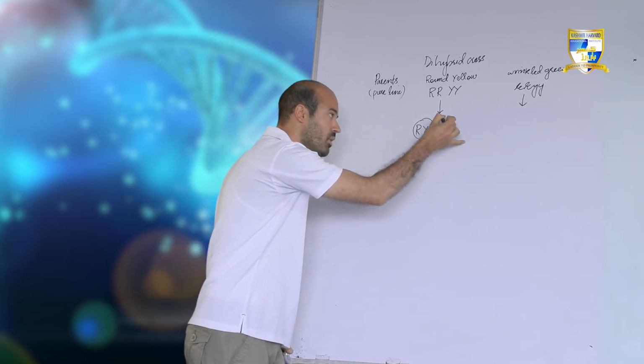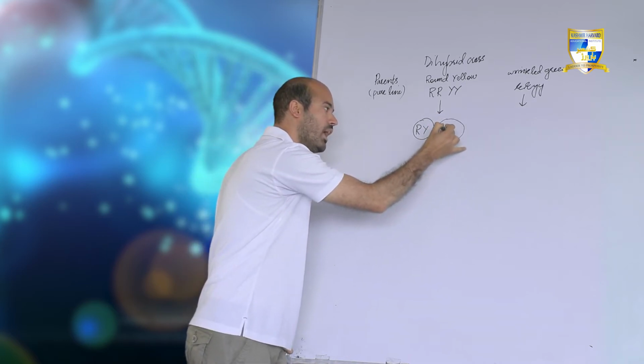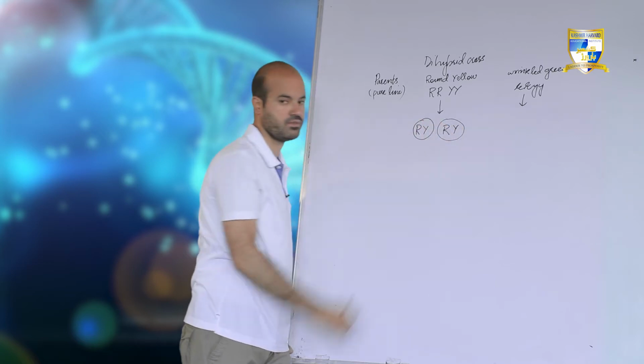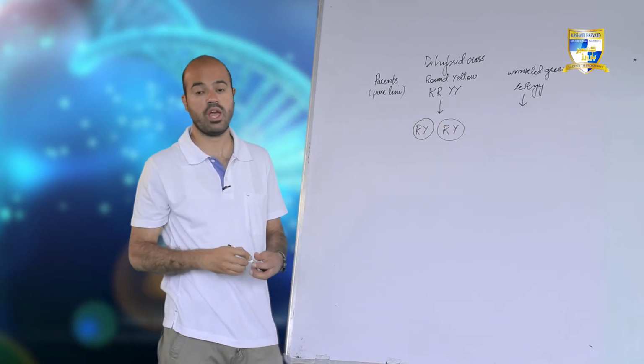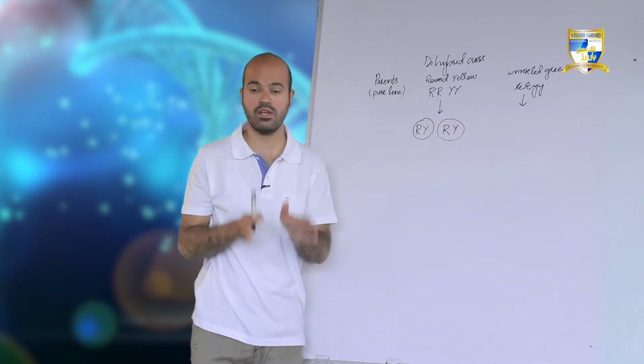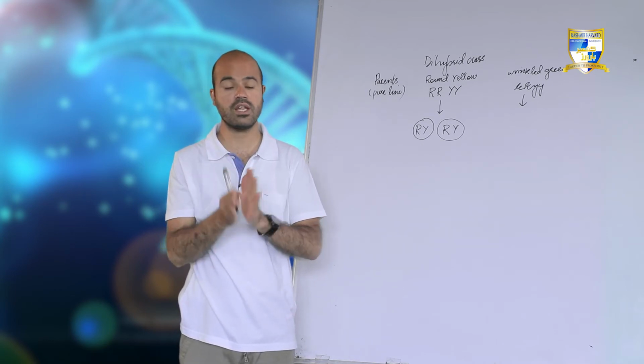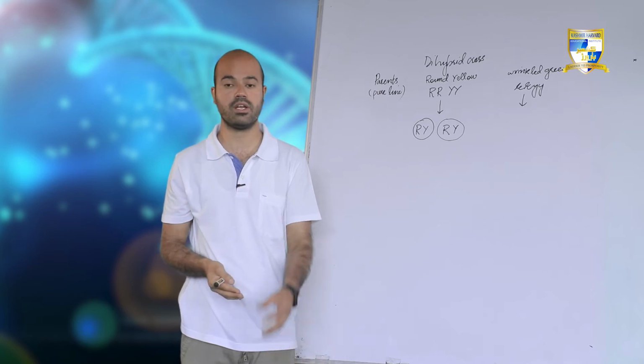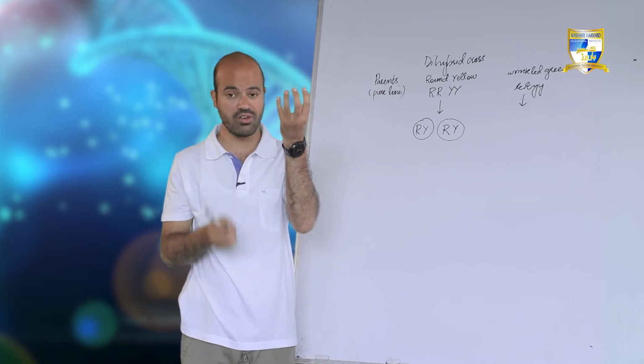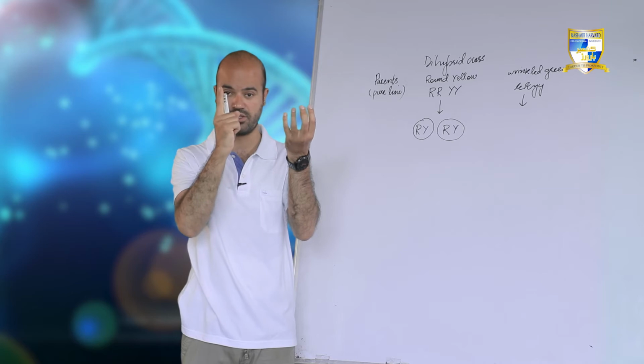Then another type of gametes will be formed. They will get the same allele combination, RY. Here we are applying the law of purity of gametes. That means when there is gamete formation, each gamete will possess only one allele for one character.